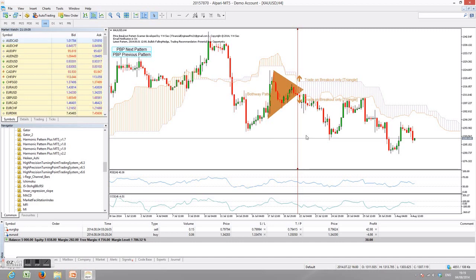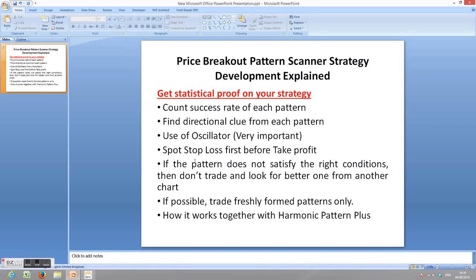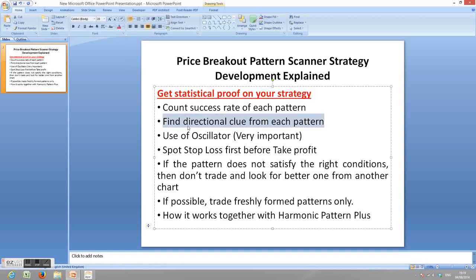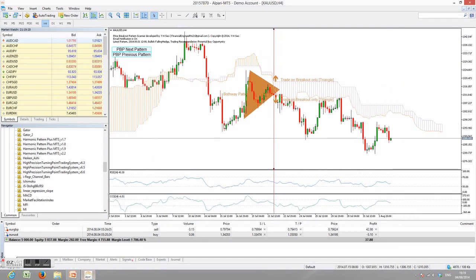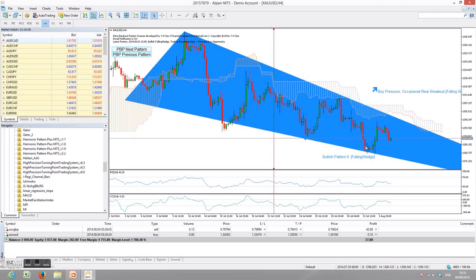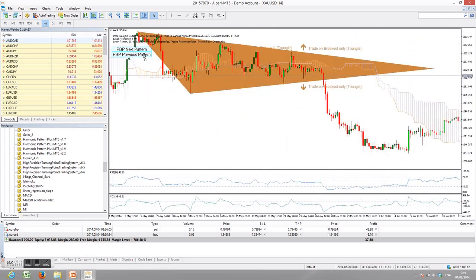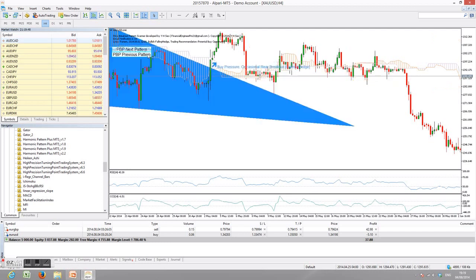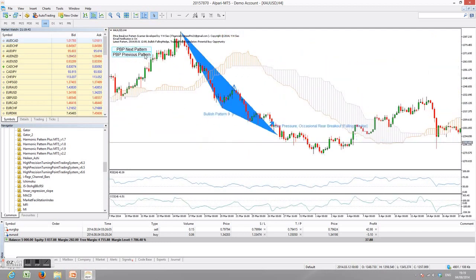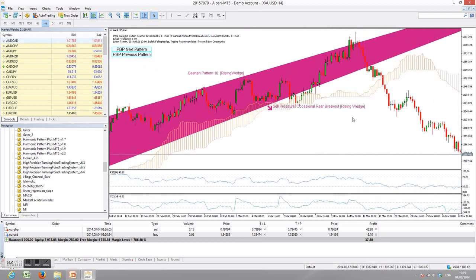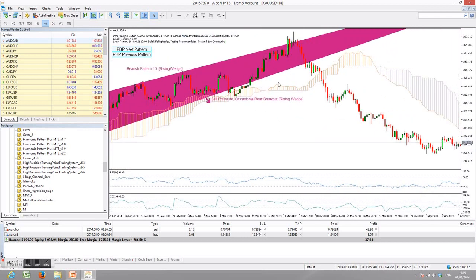And also try to find the directional clue from each pattern. Symmetric triangles won't tell you the directional clue, but like this falling wedge pattern, and this is a falling wedge as well, and like these rising wedge patterns will give you some directional clue.